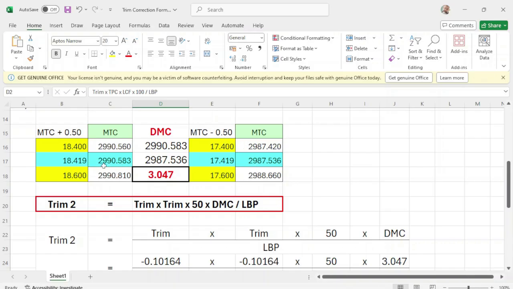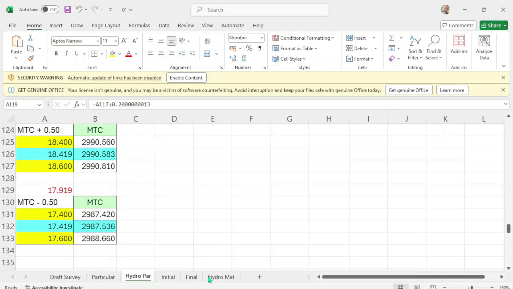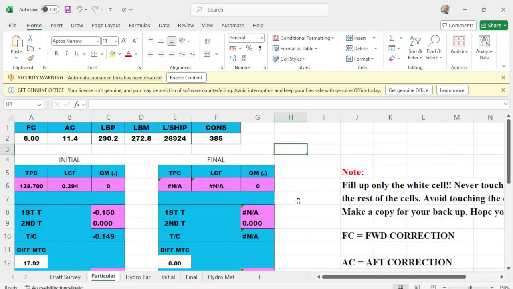This is the value of 2990, which is this one, and minus 50, the value of 2987, which is this one. The difference will be your DMC of 3.047. So I put here 3.047. Okay, that's your DMC.